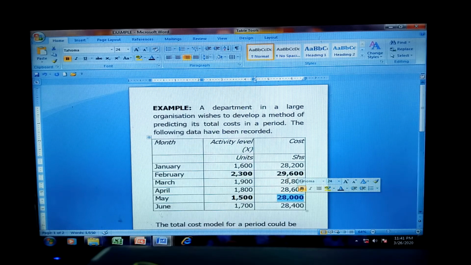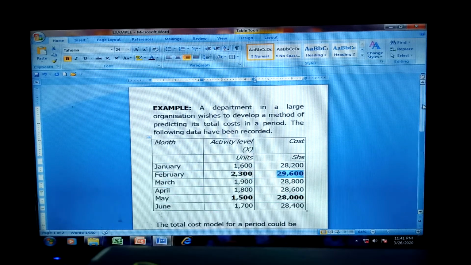So we start by getting our variable cost per unit, and that is always getting the difference between the cost at the highest activity level, that is 29,600 and 28,000. So you get the difference in these two over the difference in the units, that is at high activity level and the lowest activity level. So you get the change in cost as well as the change in units.